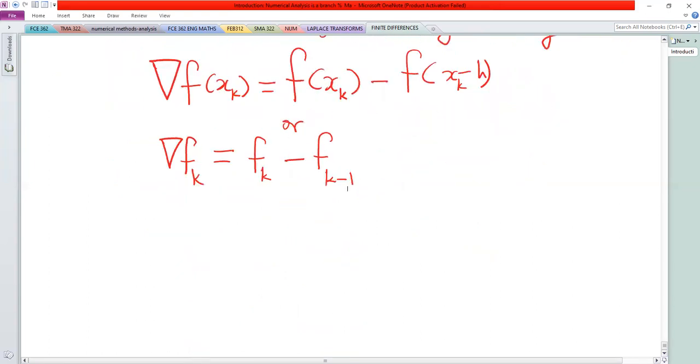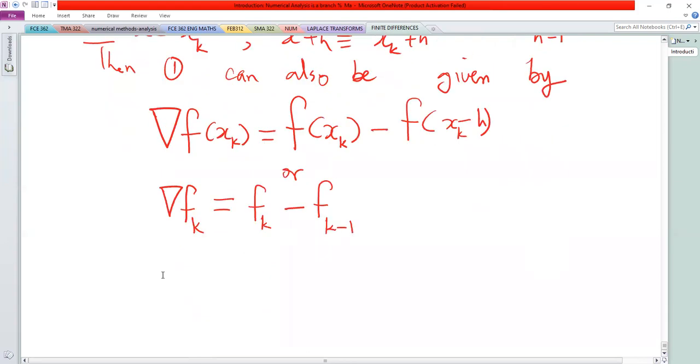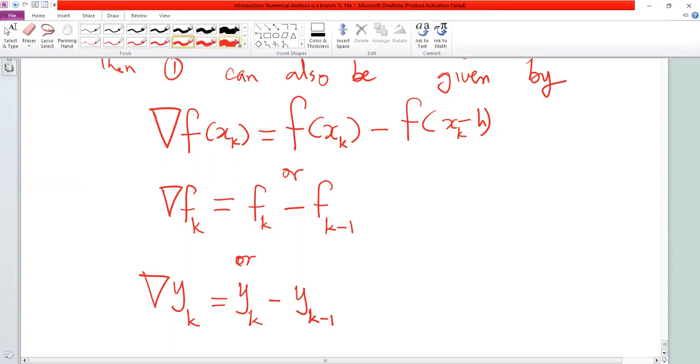Or we can write in terms of the variable y, and we write the backward of yk is given by yk minus yk minus 1. So all these are different ways of interpreting or defining the backward difference operator.